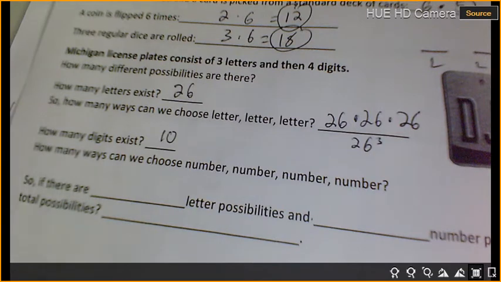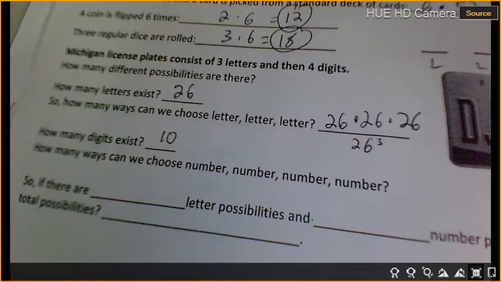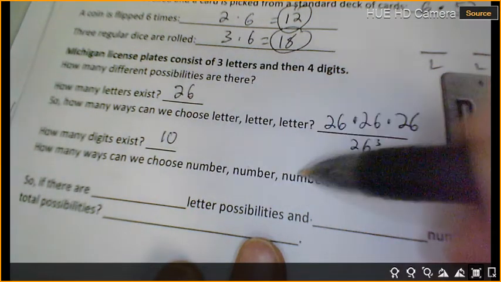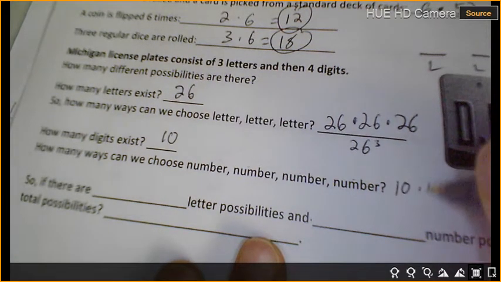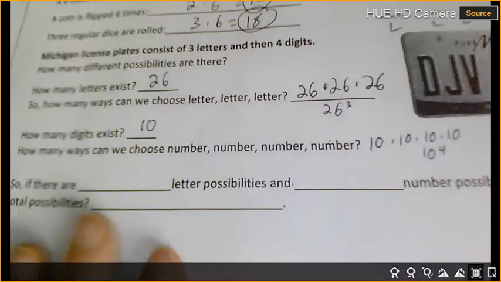So 1 through 9 is 9, and then you got the 0, gives me 10. Okay, so for numbers, we've got 1, 2, 3, 4 spots. So it's 10 to the 4th. Beautiful. Okay.